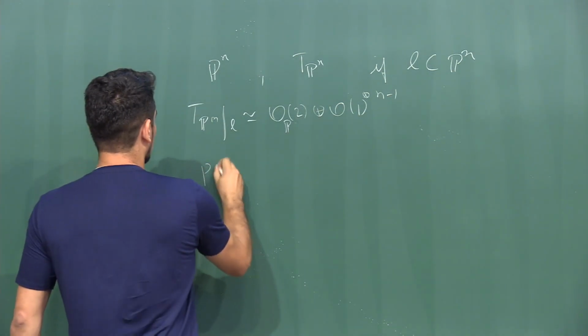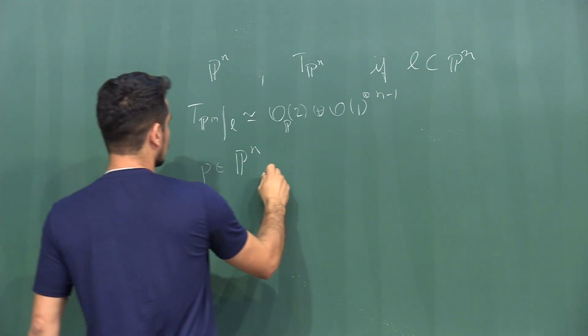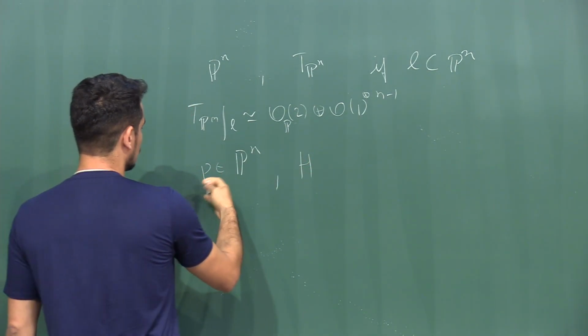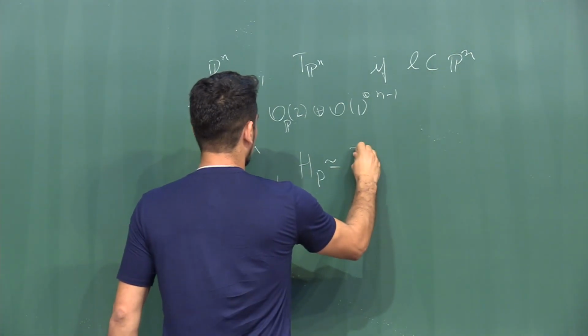Again, for p a point in P^n, it's also well known that the variety parameterizing lines passing through p is isomorphic to P^(n-1).